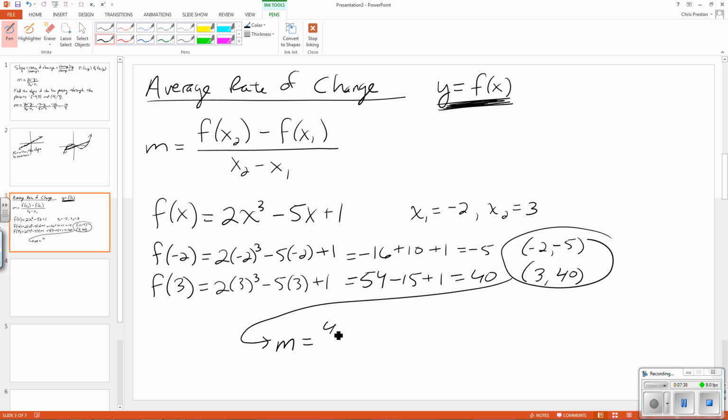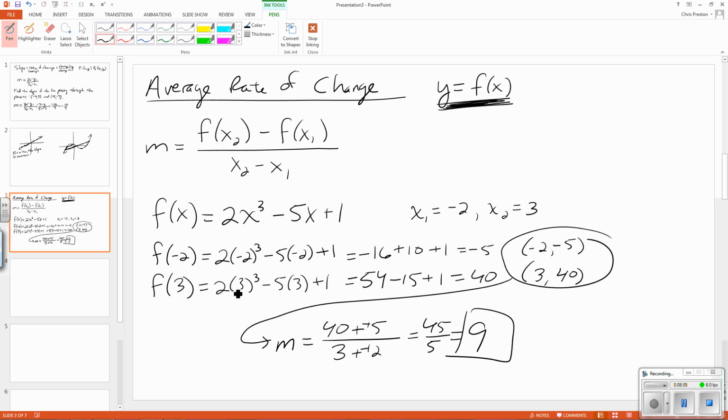So 40 minus -5 over 3 minus -2. That's y2 minus y1 over x2 minus x1. Well, that is 45 over 5. 45 divided by 5, so the average rate of change from x1 to x2 is 9.